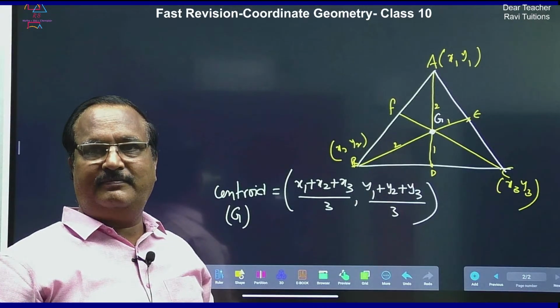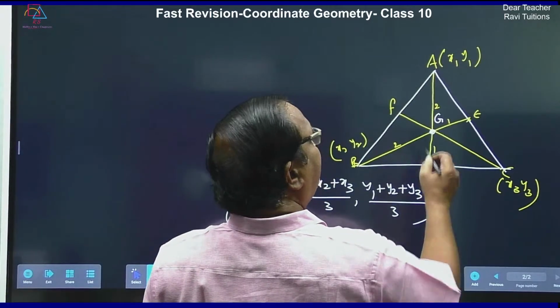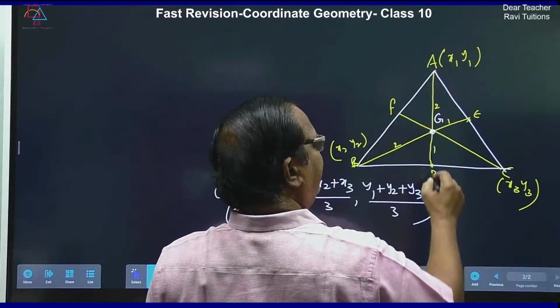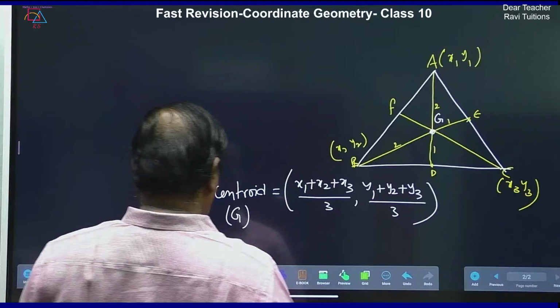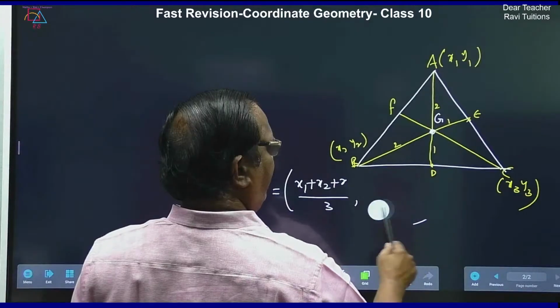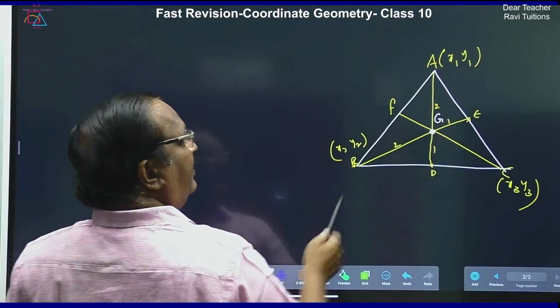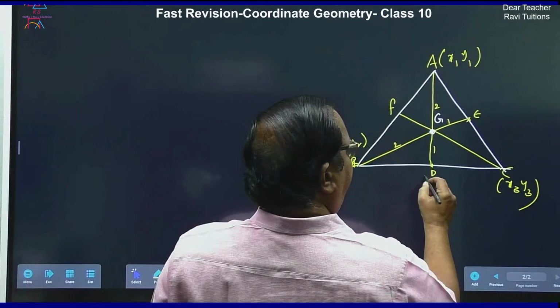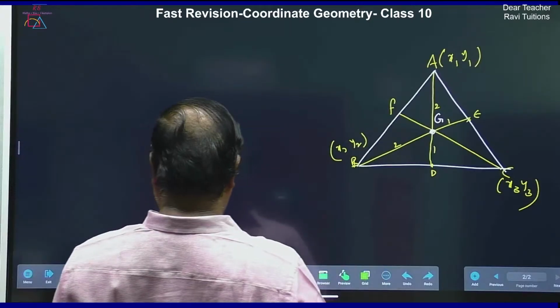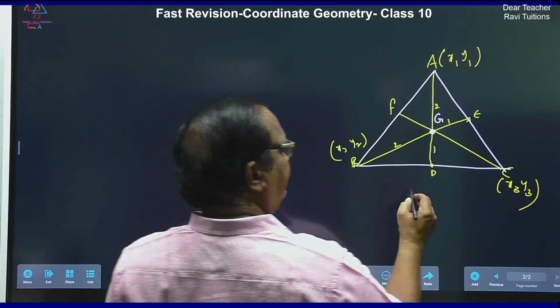If you want to take the median, first you should know how to get D. D is the midpoint. Median means midpoint.